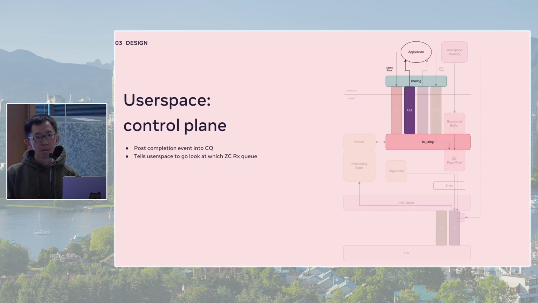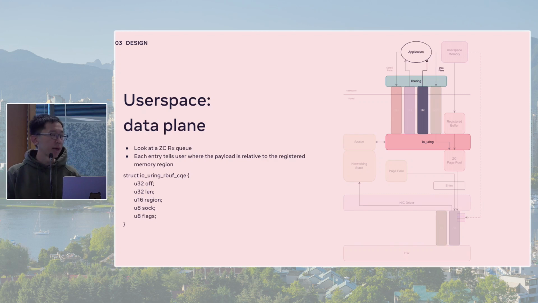Cool. So once io_uring has processed the packets in the socket, whether we exhausted everything in the socket, or we ran out of space in that zero copy RxQ, or we hit some kind of read limit, we return control back into user space by posting a single completion into the main completion queue of io_uring.